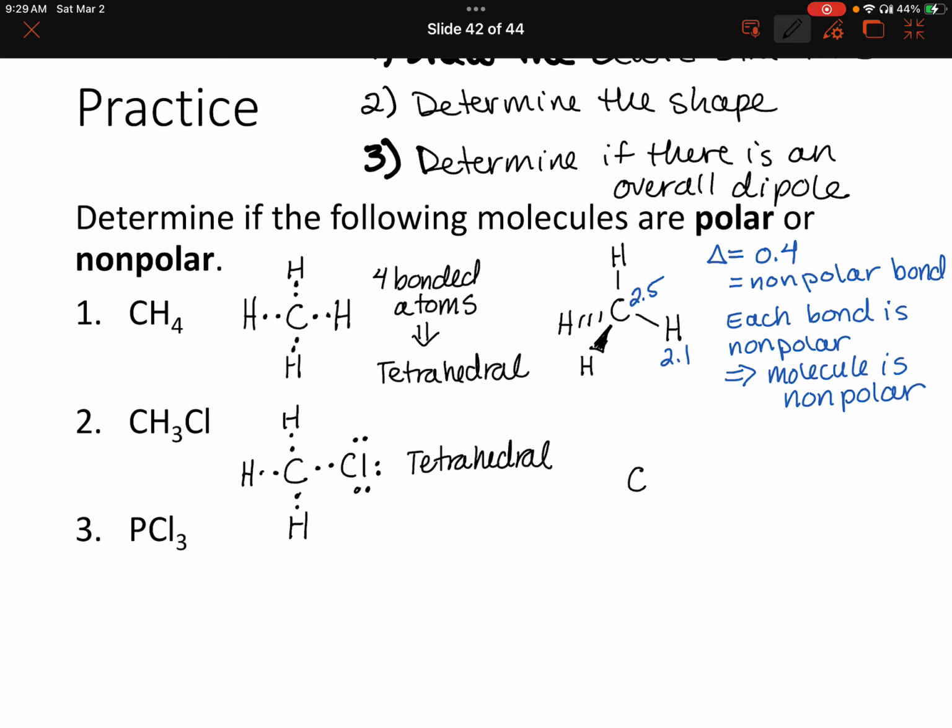So let's draw that tetrahedral shape. So we've got 2 lines, a wedge, and a dash. And one of those hydrogens, this is going to look similar to the molecule up above, but one of the hydrogens is a chlorine.